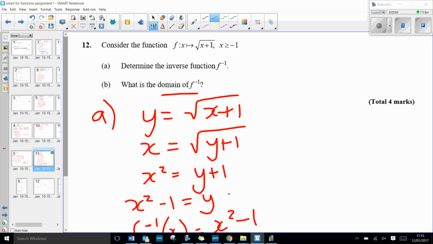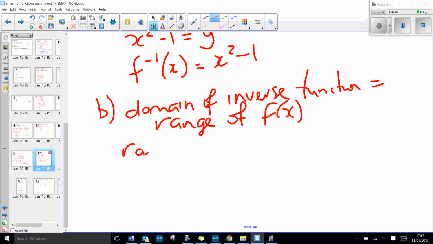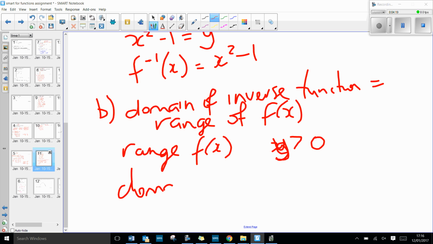Well, if they've said that x has to be greater than or equal to negative 1, then that means that the range would be positive. Okay, so the range of f(x) would be y is greater than 0, which means that the domain of the inverse function is x is greater than 0.